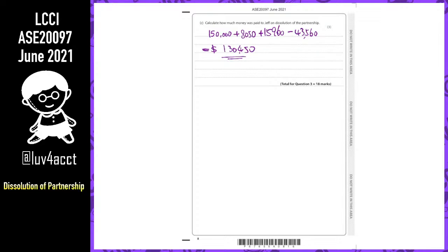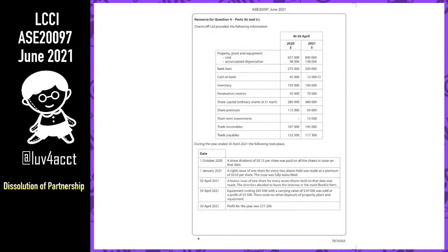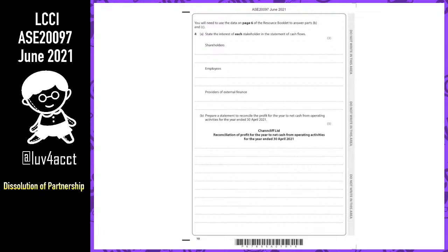Okay, so let's take a break. Give me around 5 to 10 minutes maybe. Let me rest a little bit, and you can take a rest too, or you can take a look at the coming questions that you have. The coming one, I think, is statement of cash flows.